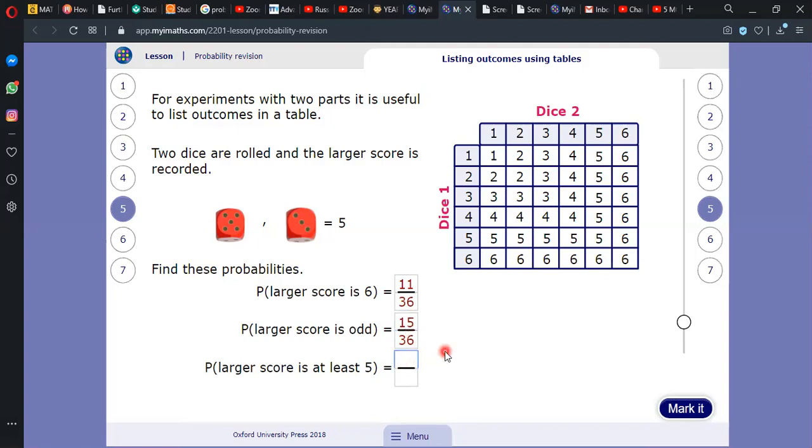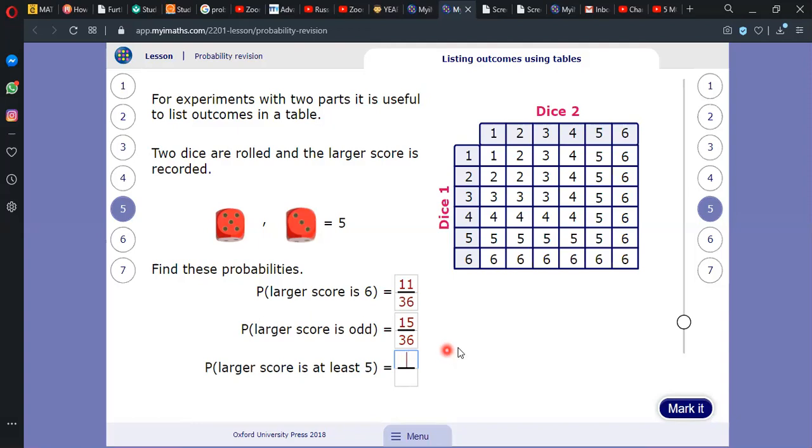Lastly, larger score is at least 5. Remember what we explained when we use the words at least. At least means that number and above. So minimum is 5 and above. It's not just that the number should be 5. We are saying minimum is 5, and when we say minimum is 5, it means from 5 above.